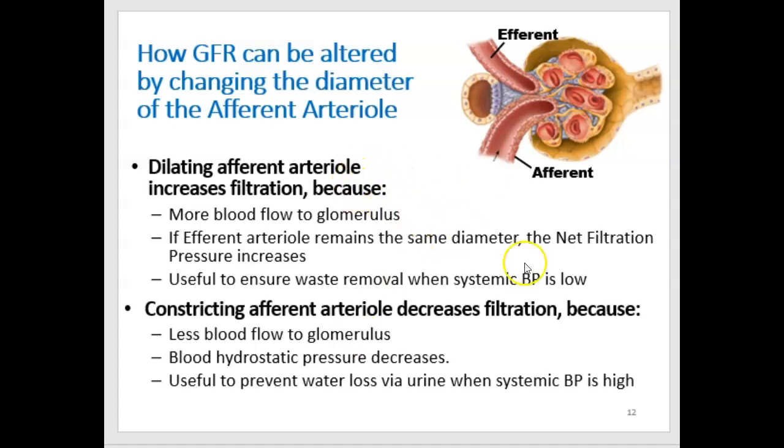So recall that the afferent arteriole is wider in diameter than the efferent arteriole. That makes the pressure in the glomerular capillaries quite high.